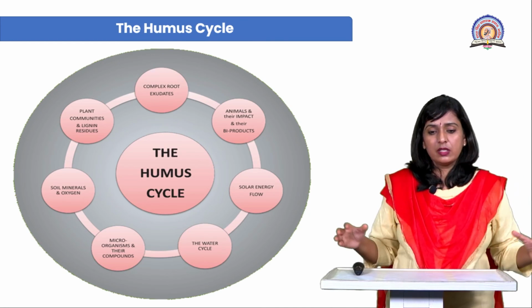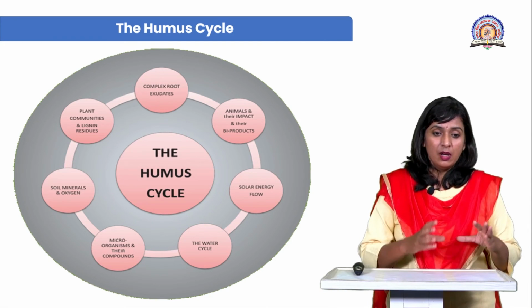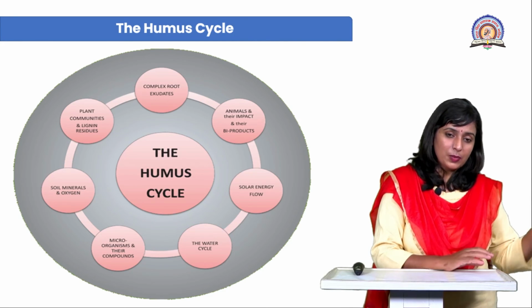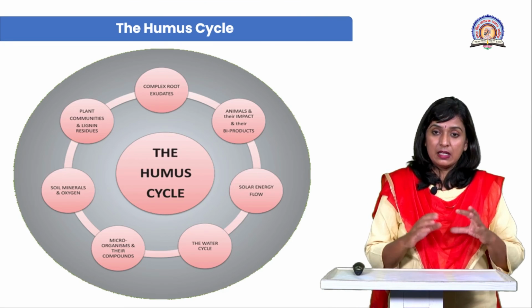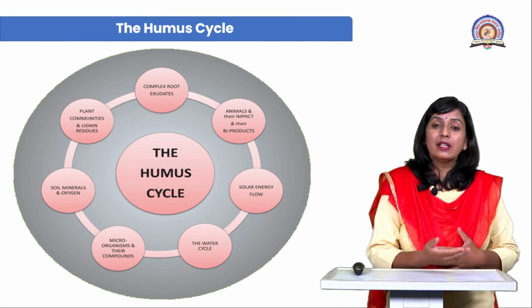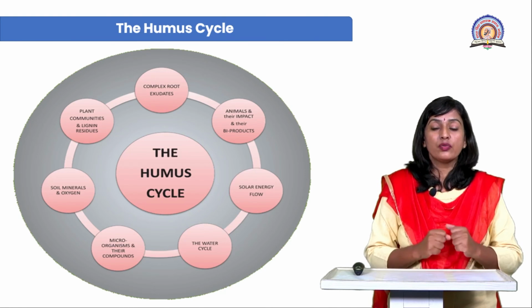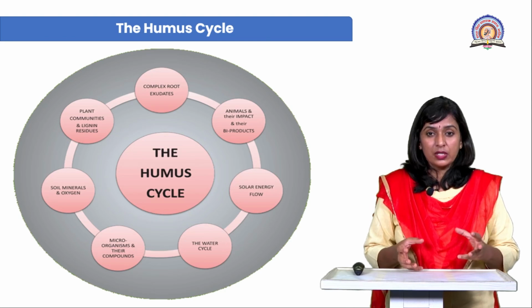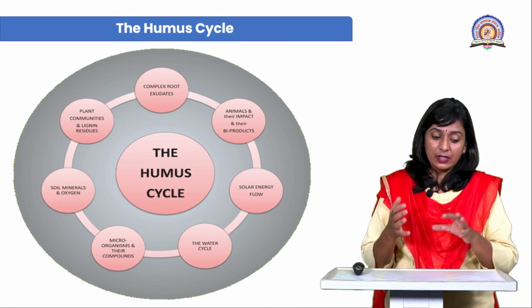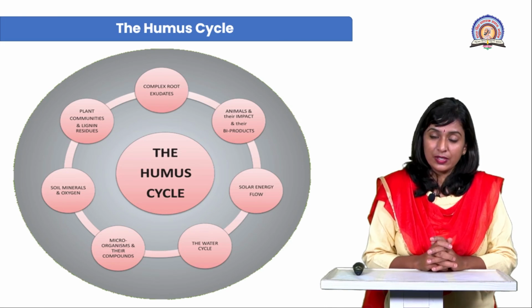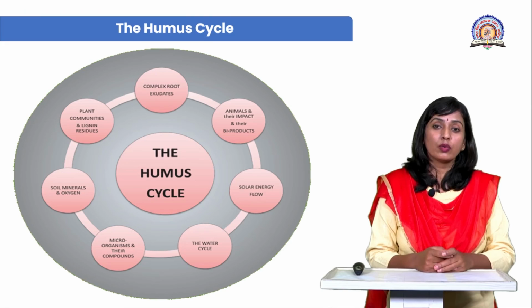Right. So during this decomposition of the organic matter, what happened? Part of which forms a stable humus that improves the quality of the soil, whereas the part of which is readily providing nourishment to the soil. So ultimately, soil becomes enriched with the nutrients, minerals which were trapped in the form of organic matter, now set free as inorganic minerals, which can be readily utilized by the plants for their growth.